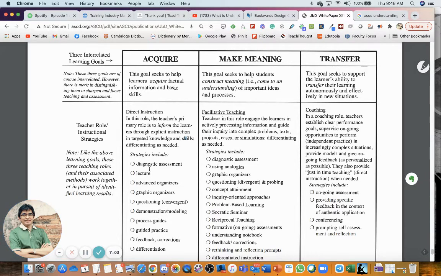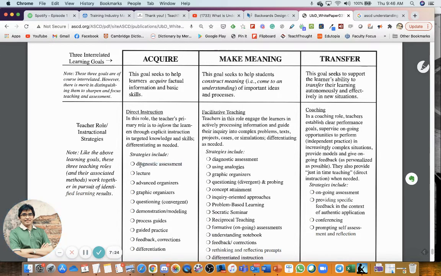These are among the choices we have for direct instruction. And you can see in the list that lecture, giving a lecture, just what normally people do, is only one of the options for direct instruction.